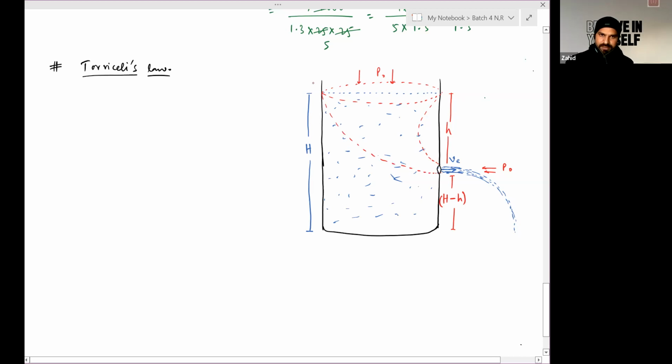So let's say this is first end and this is second end. So we have to somehow calculate this VE, that is velocity of efflux, and then I can define you its significance.